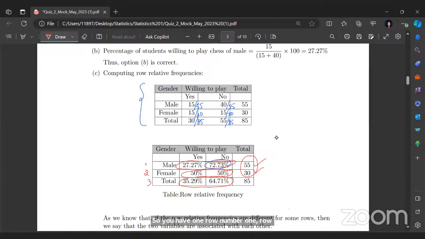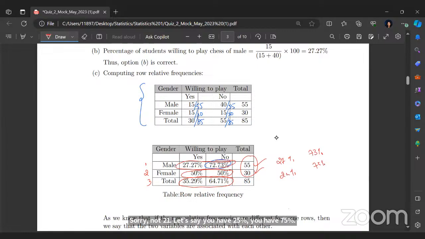If it was something like, let's say, 27%, 73%, then you have 25%, 75%.